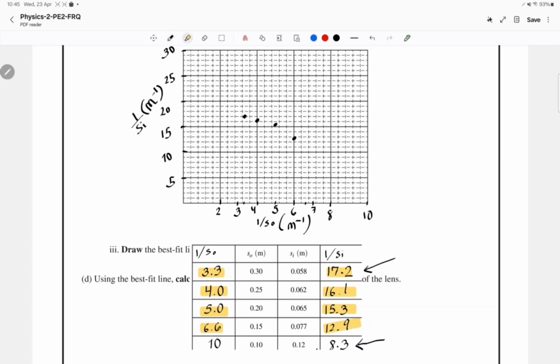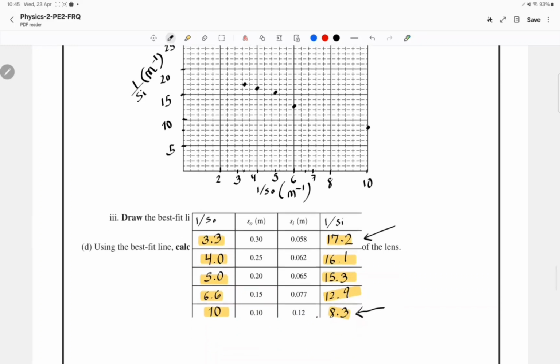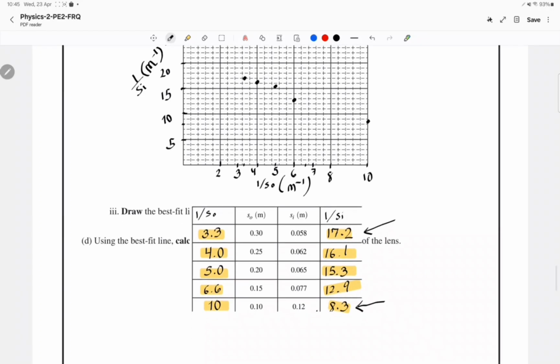Okay, next up we have 10 and 8.3. 10 and this is 7, this is 8. 8.3 is going to be there. It's 6.6. Why is it exactly on the 6? Wait, no, 8.3 for the y-axis. Oh. 6, 7, yeah, we're good.